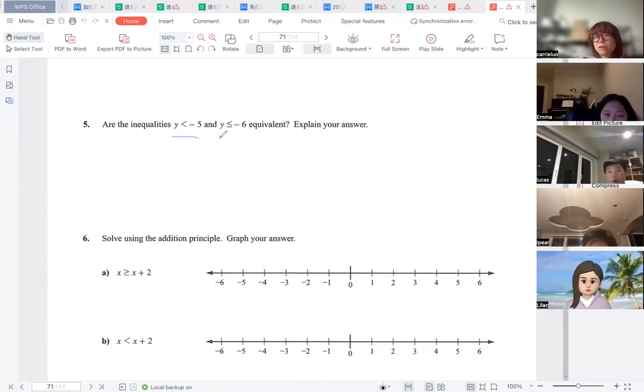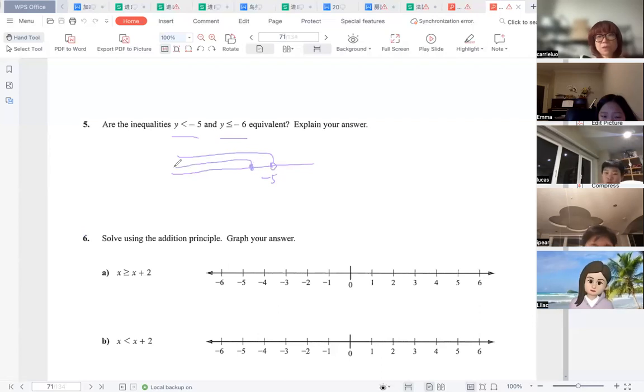Are these two the same? Okay, let's look. Y is smaller than -5 and y is smaller than or equal to -6.